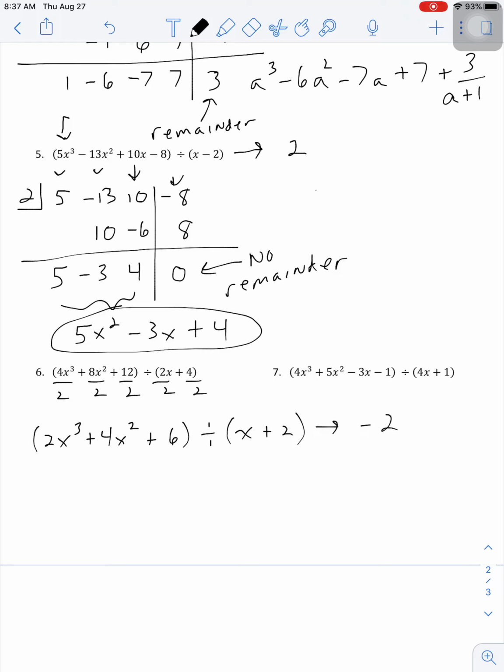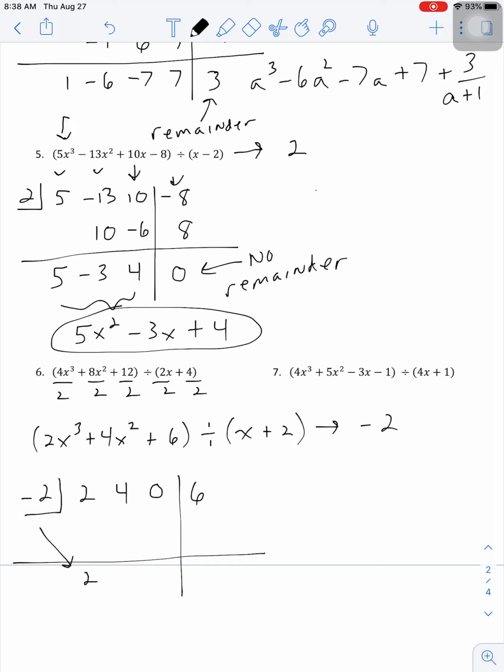Okay, so I know from this I'm going to get a -2. Okay, so in my little box I have a little -2. All right, and then I can bring down my 2, I can bring down my 4. We're missing the x, so I have to represent that with 0. Okay, and then I got to bring down my 6, and then I'm ready to go for synthetic.